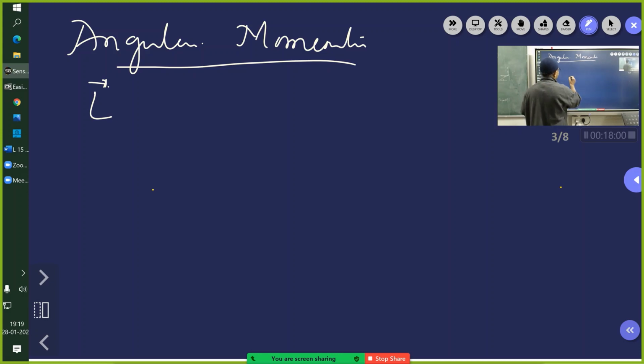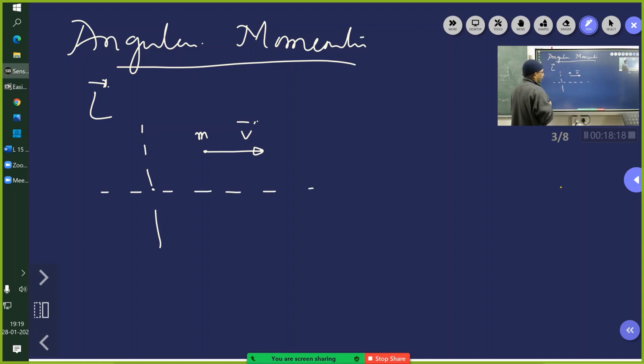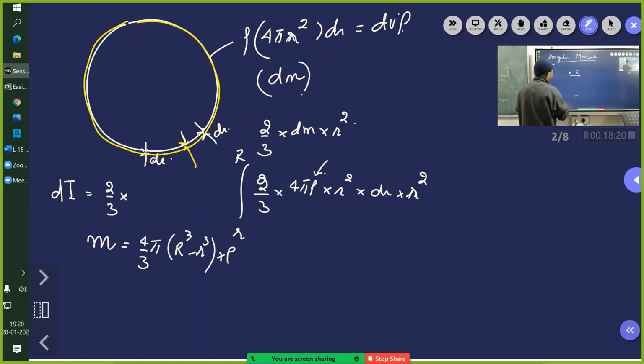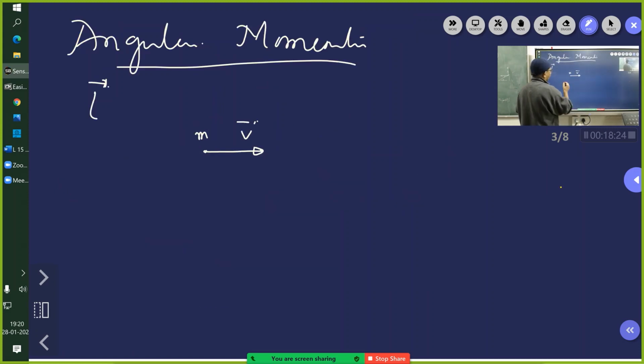To begin with, supposing I have a particle here of mass m having velocity v, just in this plane, and then you locate some point here. So you locate a point here, and this you coin as the reference point.